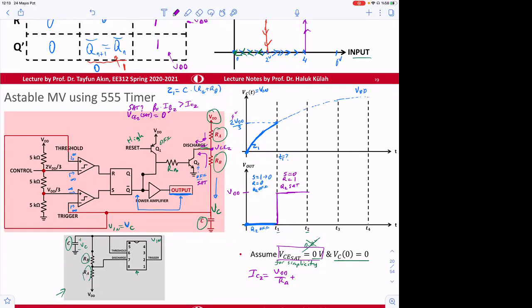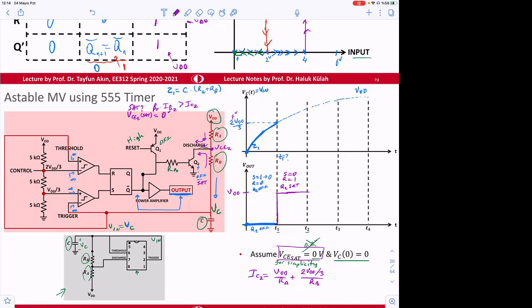The maximum value of VC was what? 4 volts, right? So 2 VDD divided by 3, divided by RB initially.